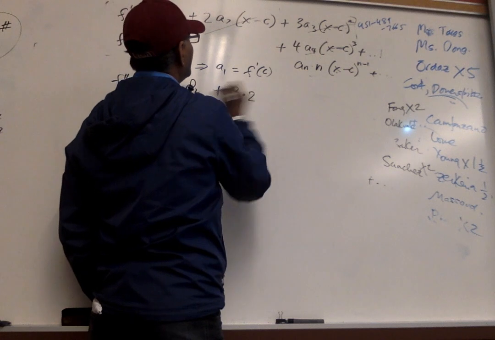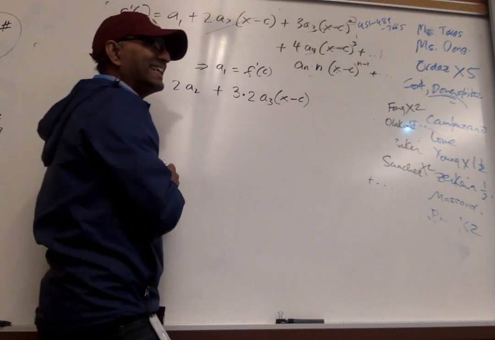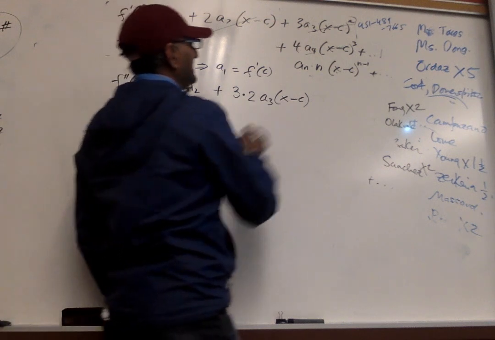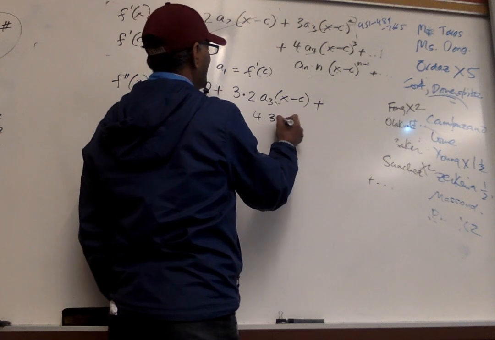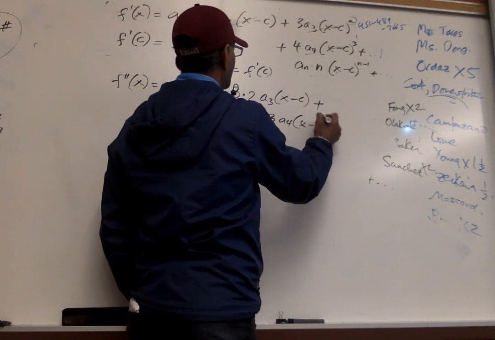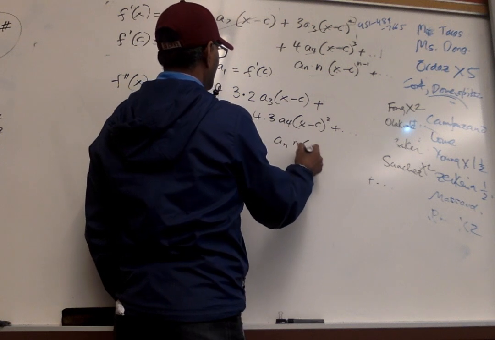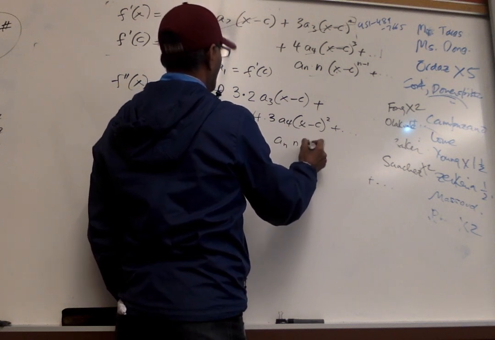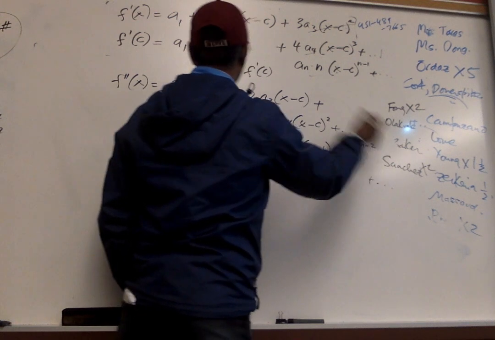Just play along. 3 times 2, a3, x minus c. You'll see in a moment why. You'll say, oh my god, that was smart. Plus, what's the next term going to be? 4 times 3. Very good. a4, x minus c squared. Plus dot dot dot, an, n minus 1, x minus c to the power of n minus 2.